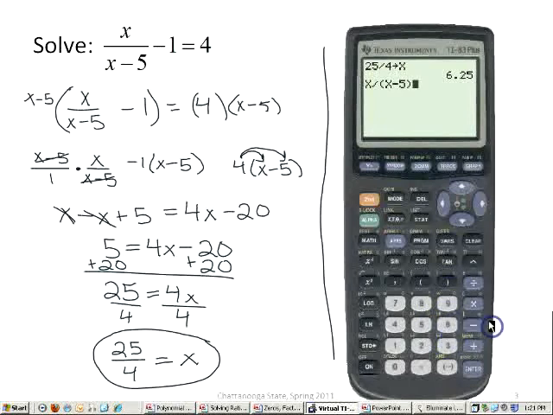So I have x divided by parentheses x minus 5 minus 1. And what the calculator is going to do is plug in that 6.25 everywhere it sees an x. So I get the first side of the equation is equal to 4.